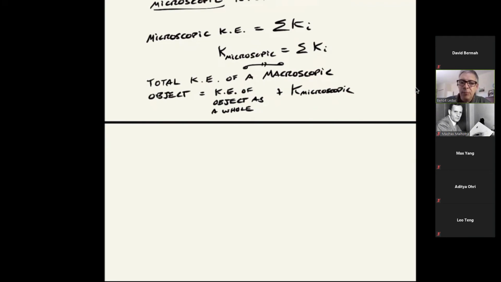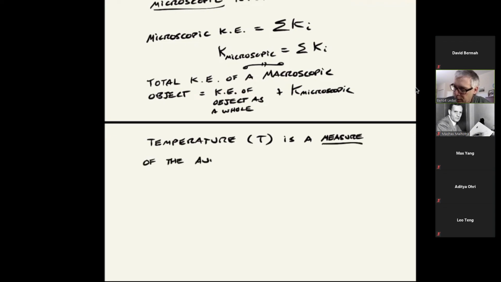So the temperature, T here, is a measure of the average kinetic energy per molecule, per tiny particles, per particles.